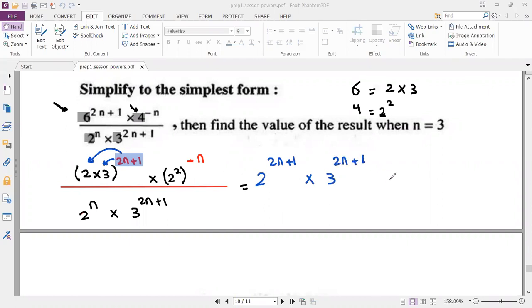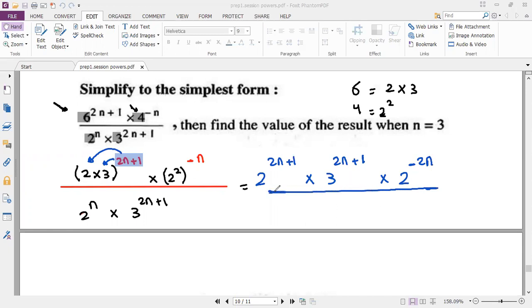Multiplied by, I have here 2, the base is 2, 2 to the power of 2 raised to the power of negative n. So it's 2 to the power of 2 multiplied by negative n, which is negative 2n, over.